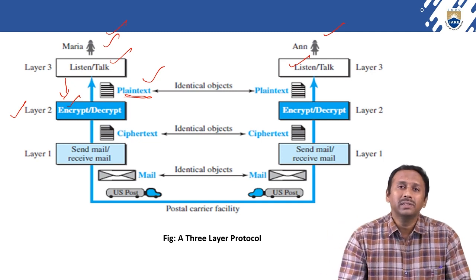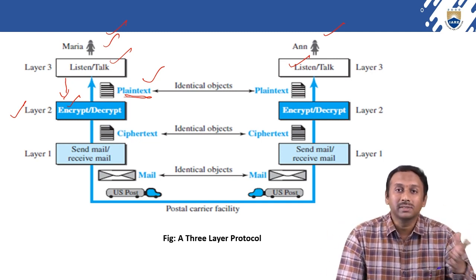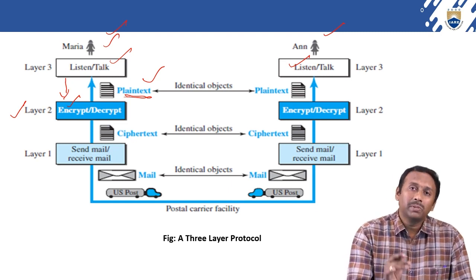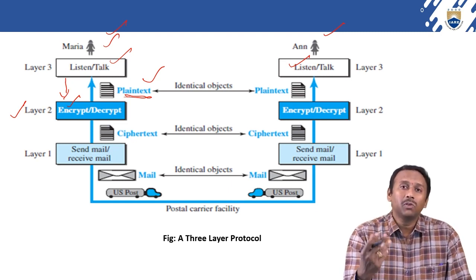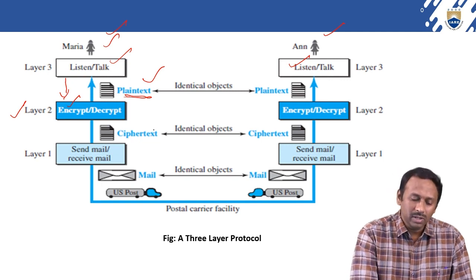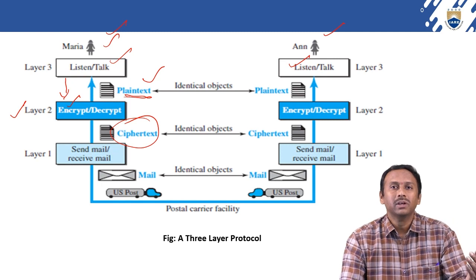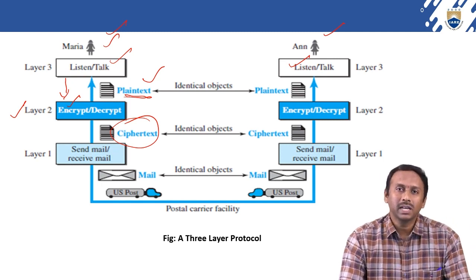We cannot read it or understand what it is. That non-readable format of text we call ciphertext. After encryption we get the output as ciphertext.